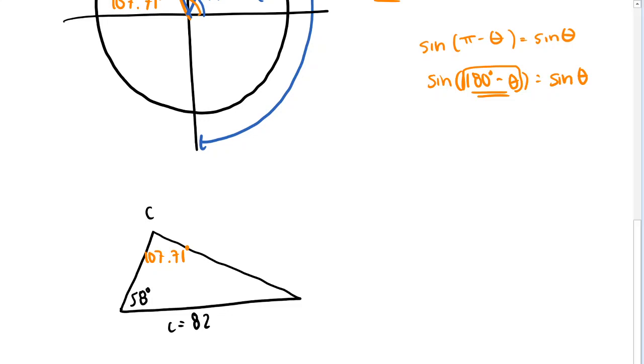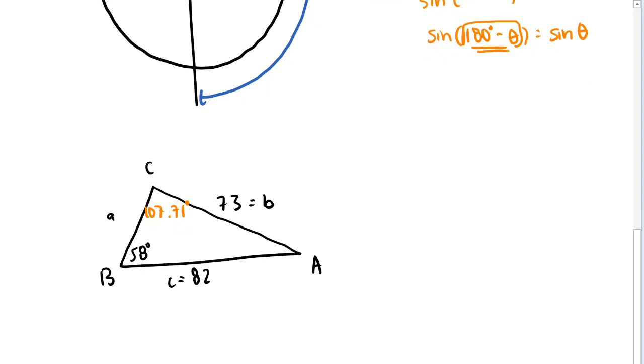And this side length was 73, I believe. This is angle A, side length A, angle B, side length B. And with that angle, we end up with this angle being 14.28 degrees when we add them all up to make sure that they total 180 degrees. And so this triangle works. It's a valid triangle. And so there are two triangles here that satisfy the given conditions.